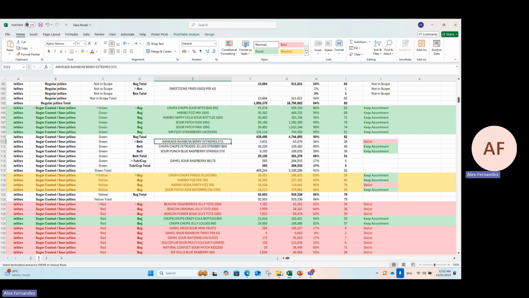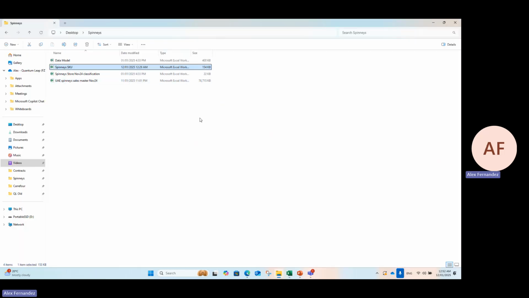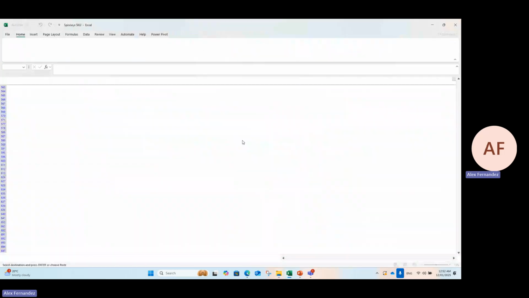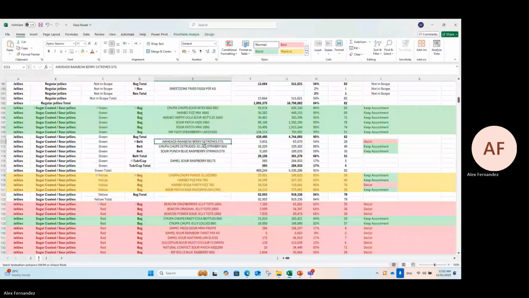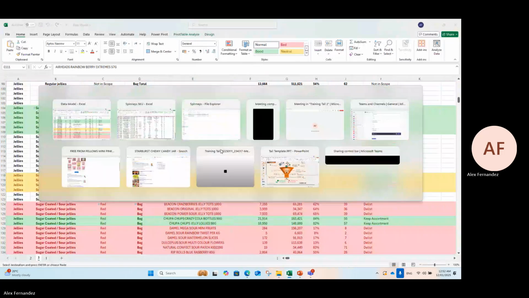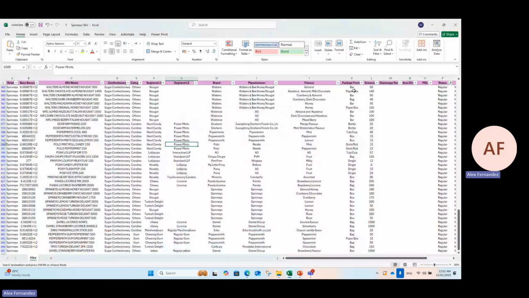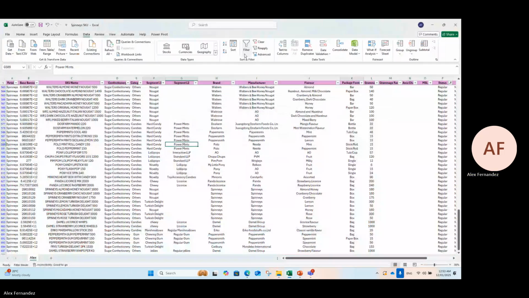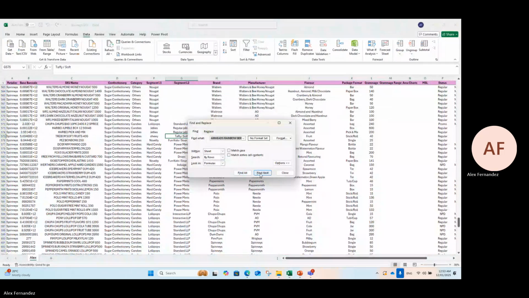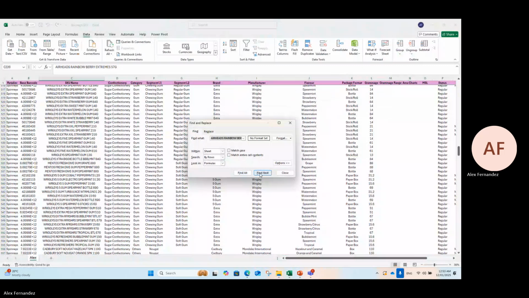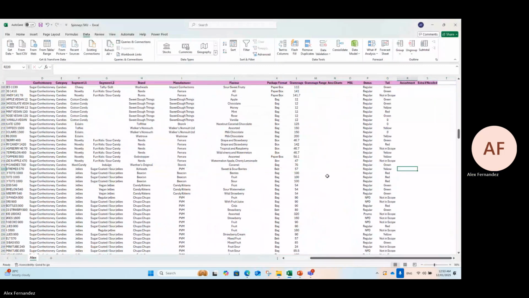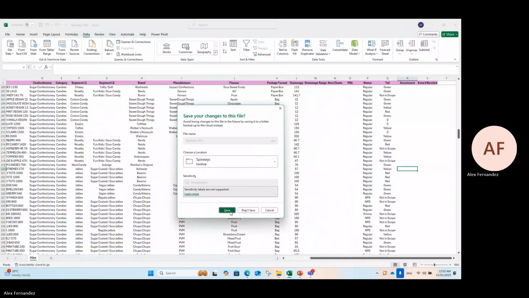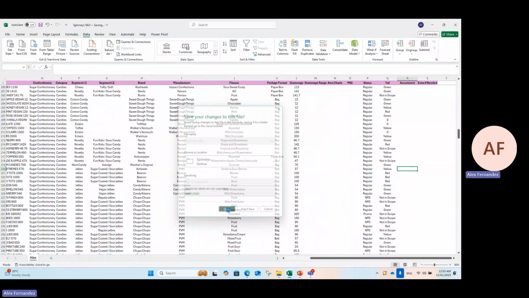So just for the presentation, when we are presenting, we change this SKU from green to yellow, as it will be delisted.